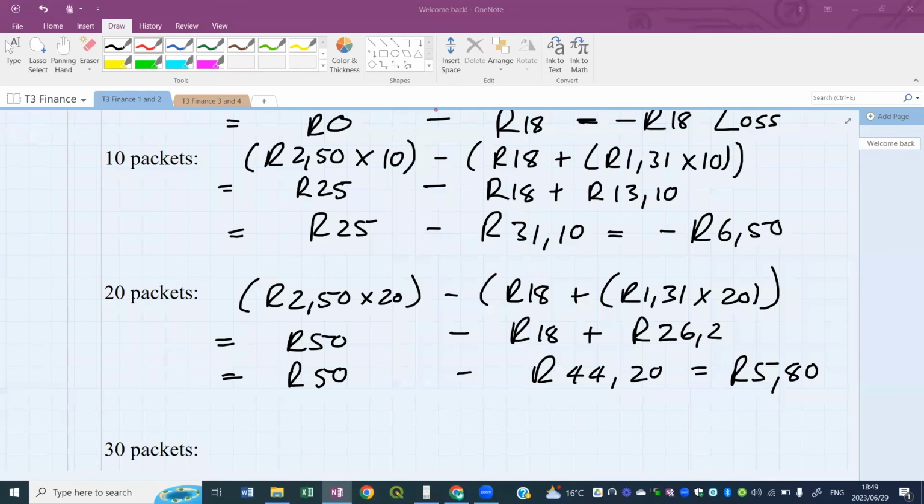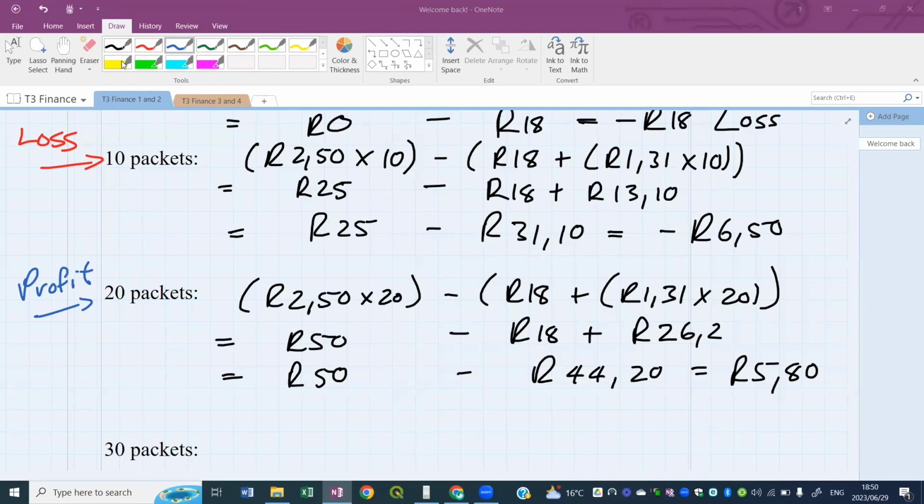Do you think that is an easy process to work out or difficult? Because look here, we are making a loss at 10 packets, but we're making profit here at 20. Who can tell me with surety, with accuracy, when she's going to start making profits? How many must she sell to start making profits? Could you guys maybe tell me? Or would you be sure with your answer? Just looking at these two calculations that we've done now.